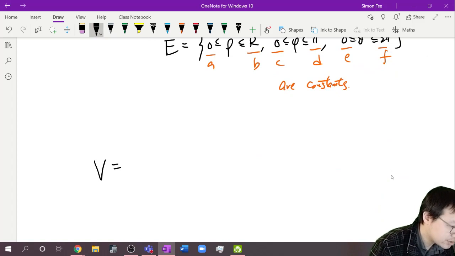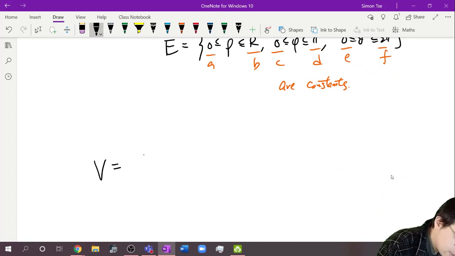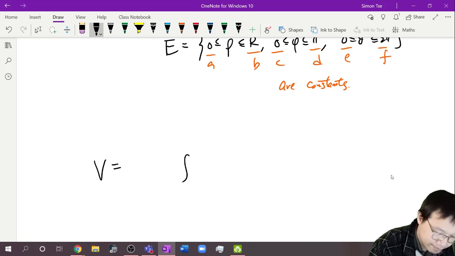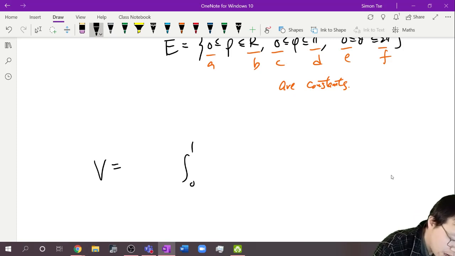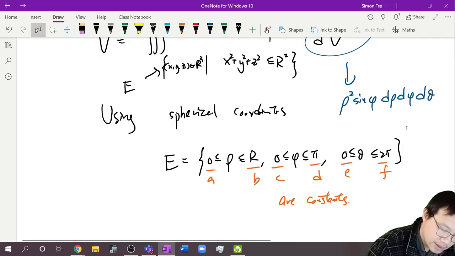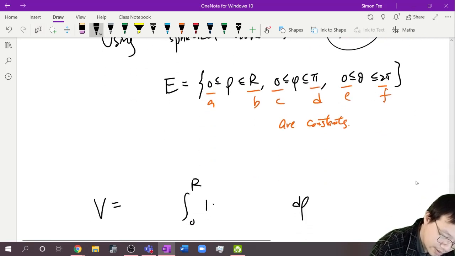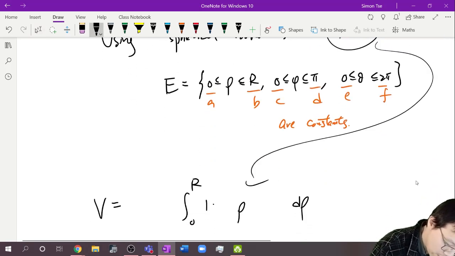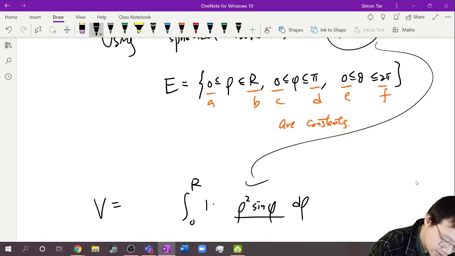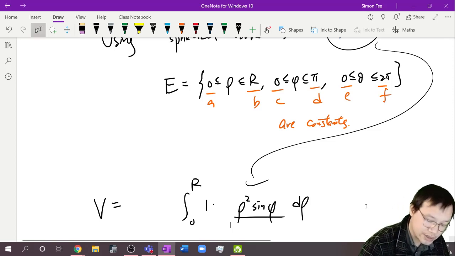So the integral is just going to be the integral. Let me start with the innermost. Let me start with r from 0 to R for the d rho. So 1 times, we have the d rho inside, and don't forget this, put it down there, rho squared. The rho squared sine phi, this is the star of this calculation.